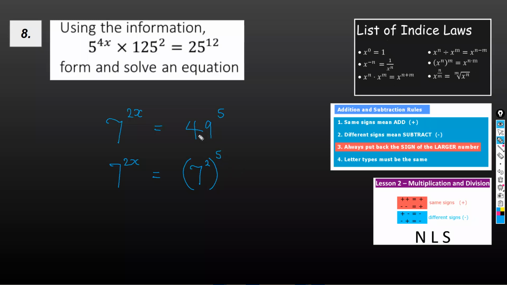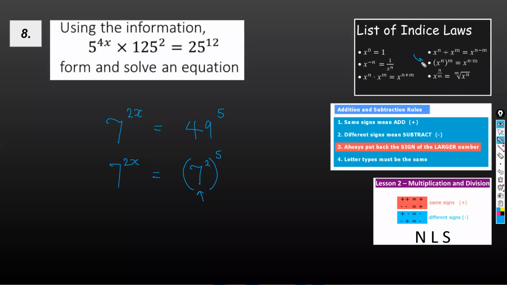The point is, when we throw away the 49 and replace it with 7 squared, in maths, whenever you replace something, this is a general rule for the entire of maths. When you throw away something and replace it, you must put it in what? Brackets. That's a general rule. Now look at the one with brackets.